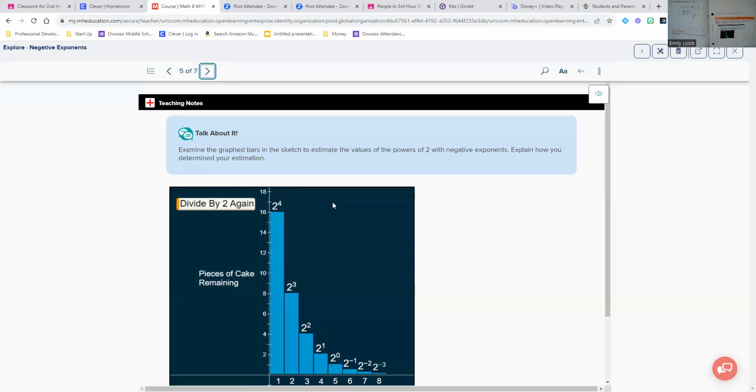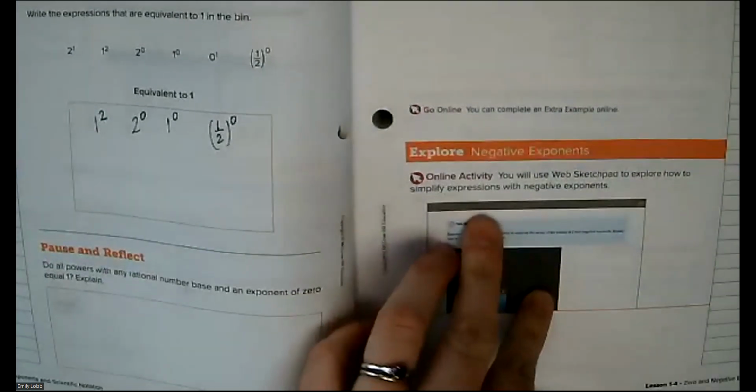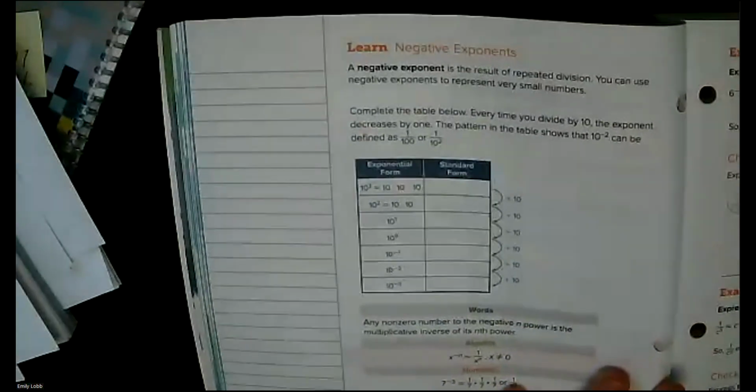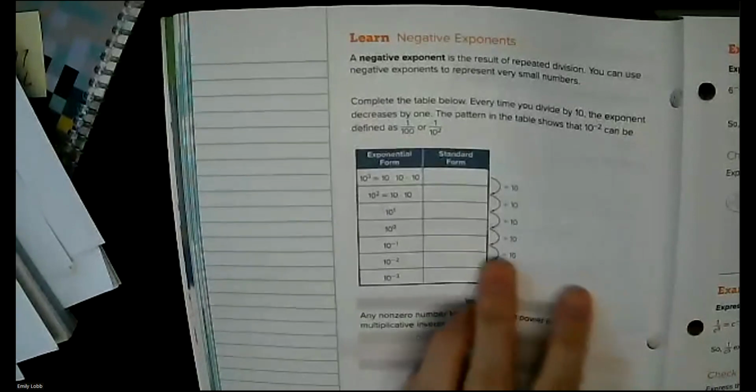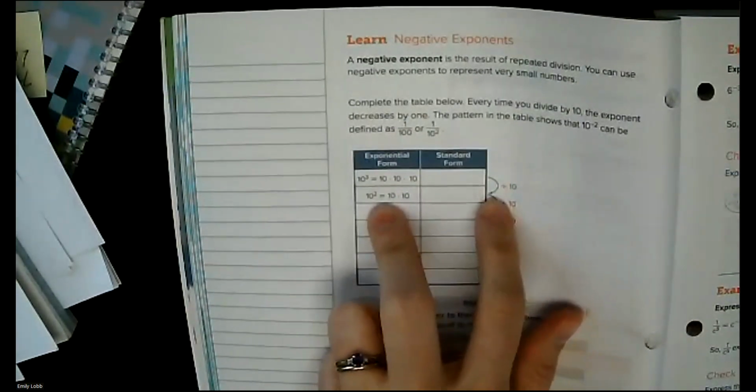All right, let's look at our notes. So that was our online activity at the bottom of page 35. Page 36 starts our Learn here. We're going to do the same thing again, but we're going to divide by 10.